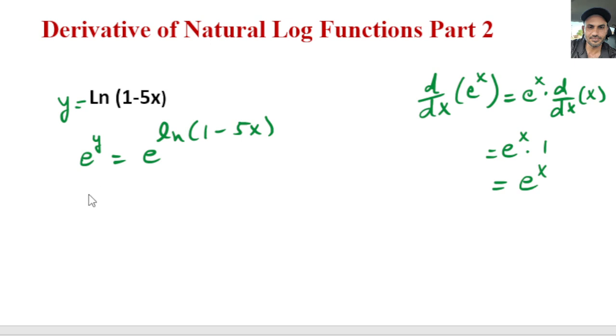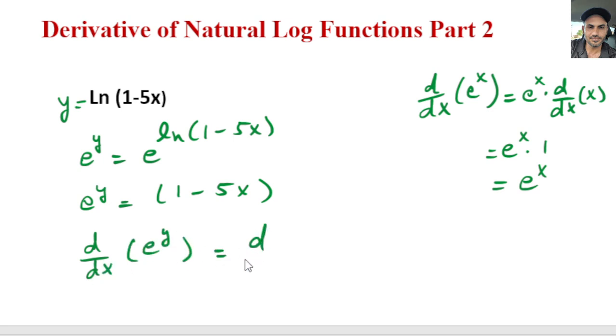So here we get e to the y equals just 1 minus 5x. Now we take the derivative of both sides, d over dx of e to the y, and then the derivative of 1 minus 5x.